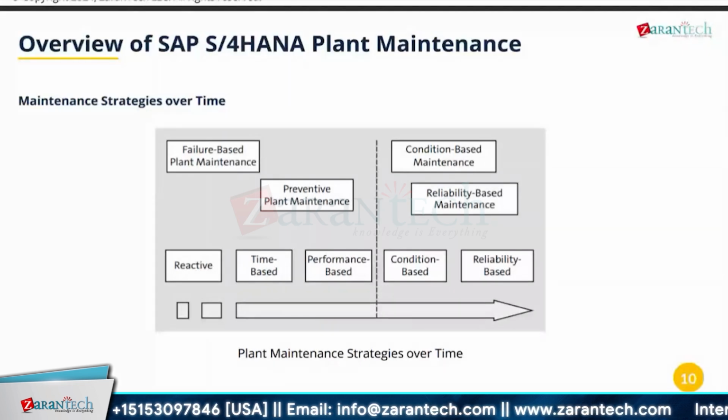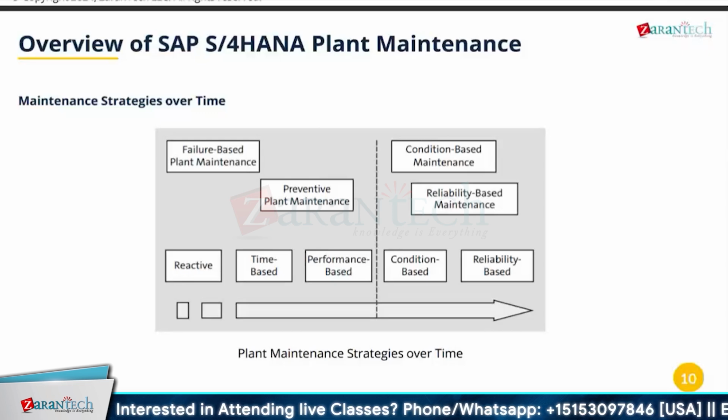This can be done once in 6 months. Likewise, we go. This is time-based maintenance as well as performance-based maintenance. Performance-based means, suppose somebody worked for 1,000 hours on a particular problem, or a number of days they work. Those are based on the performance of their work. So that is the performance-based example.